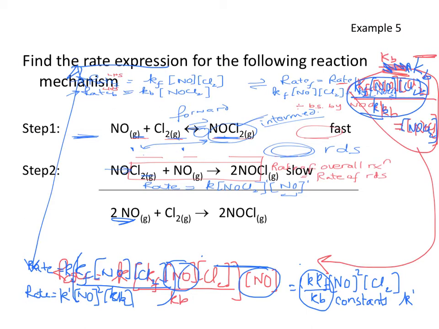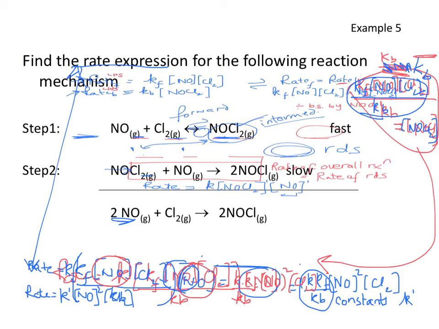NO stays as is. So now if you were to consolidate, you can envision that there's an NO here, there's an NO here, so we can put that as an NO square. So it should look like K times Kf divided by Kb times NO square times Cl2.